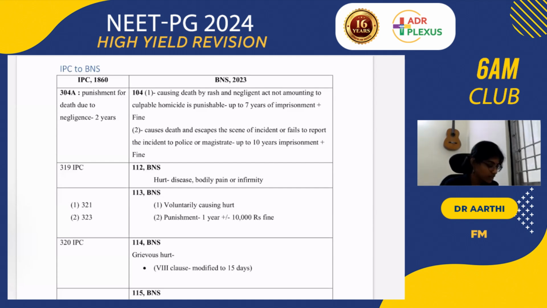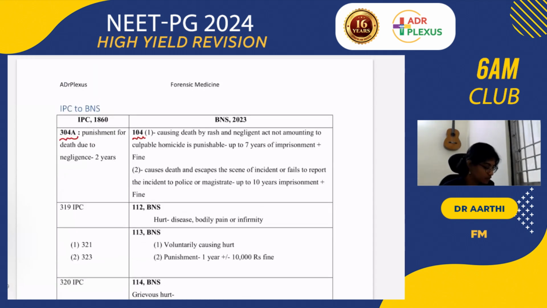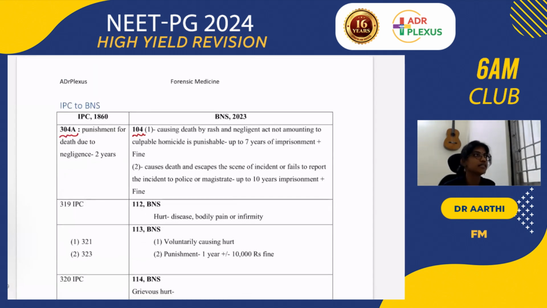We have studied 304A. This section gained a lot of importance. We had death due to rash and negligent act. Now that has been converted. Now for doctors, it is still 2 years only.